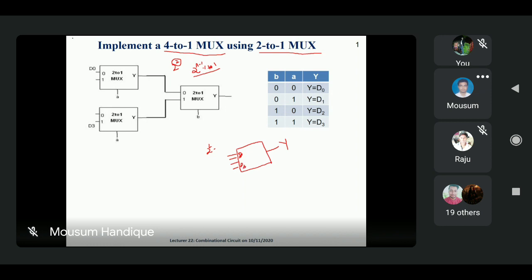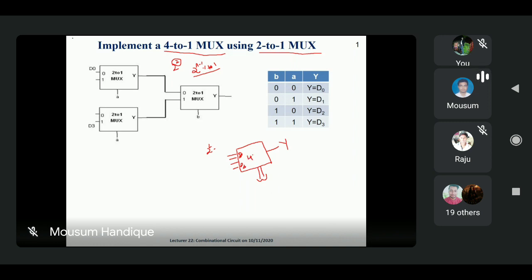Okay, so according to the properties of a multiplexer, if we are using a 4 to 1 mux, there are 2 selection lines, or control lines. So they are called select lines. Because 2 to the power n means n is the number of selection lines.